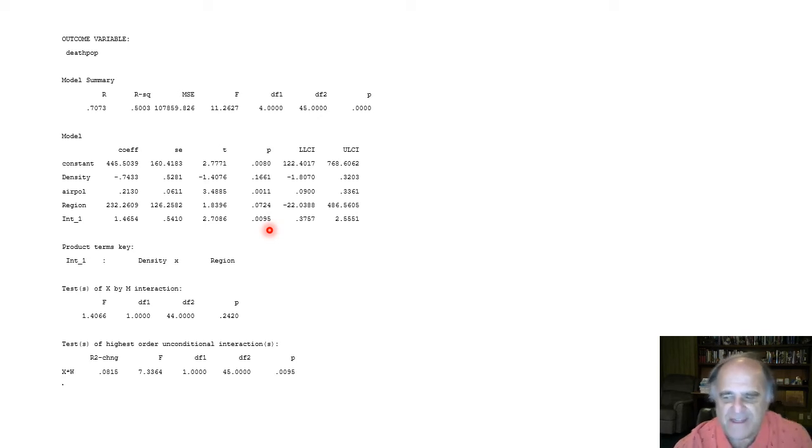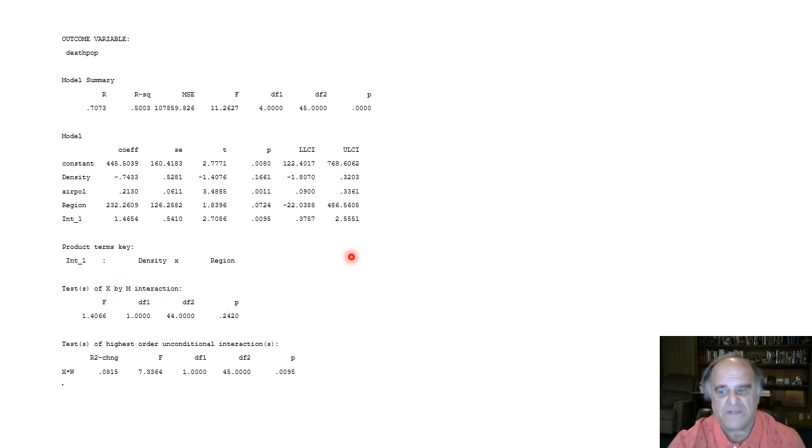And we really saw that earlier in this video or PowerPoint, that there is a pretty substantial interaction between region and density. And so here, region and density is significant. And again, the test of the X by M interaction, that would be the test of density by mediator, and that is not significant.